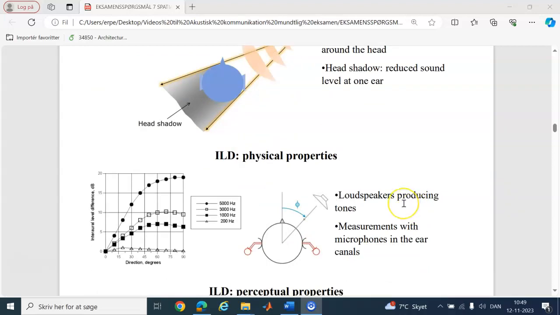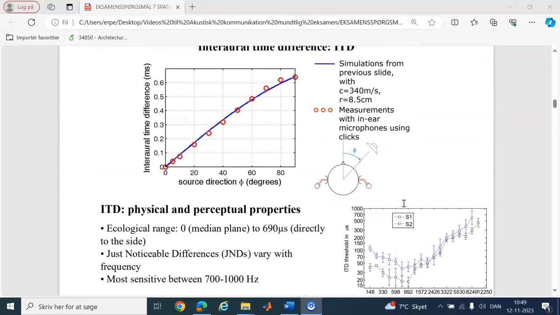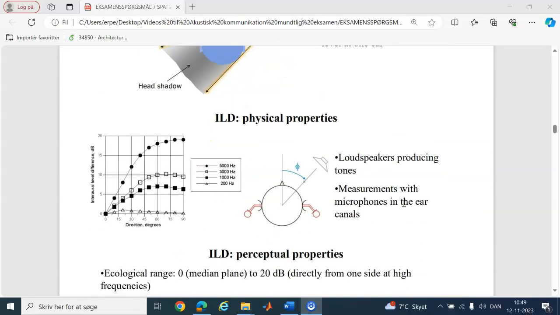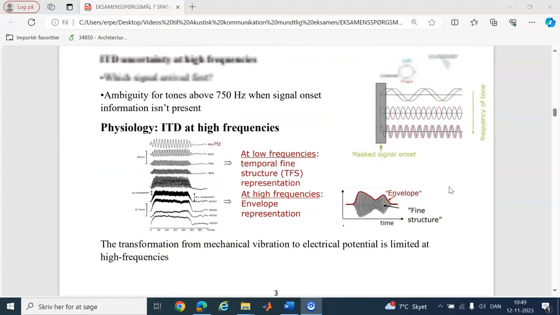ILD physical properties: we have this azimuth angle, I think.